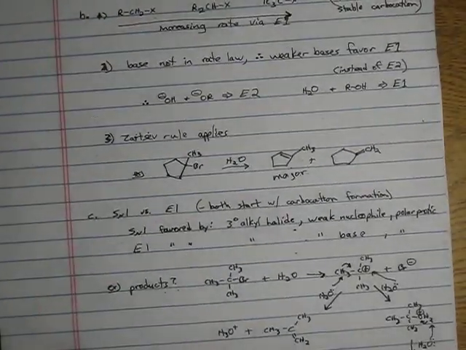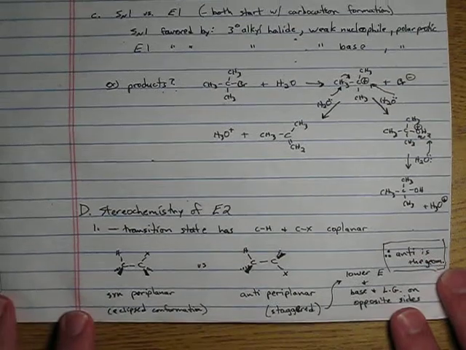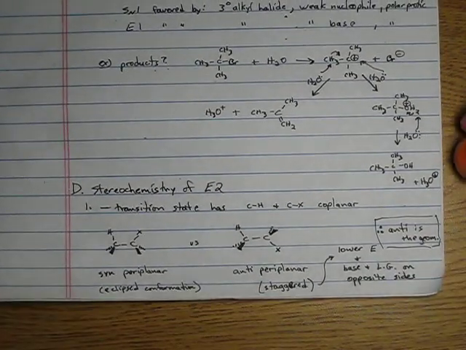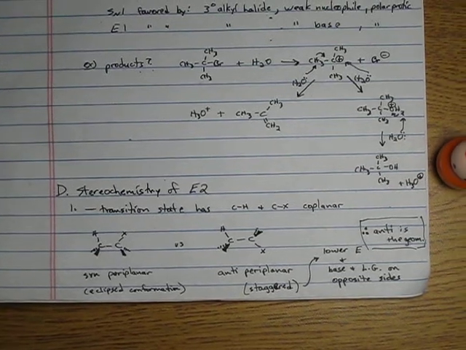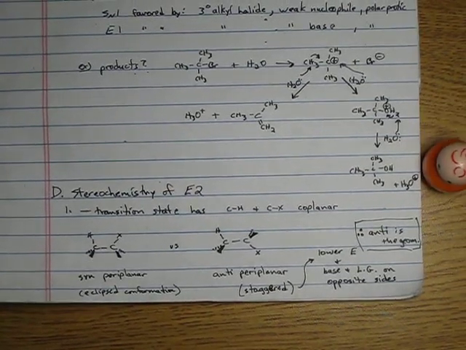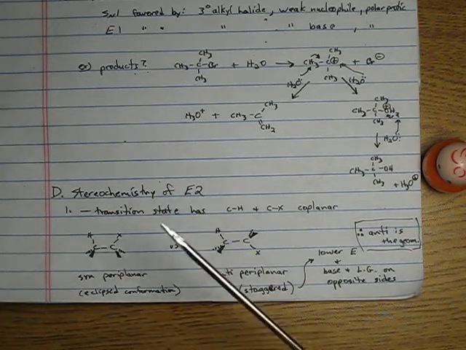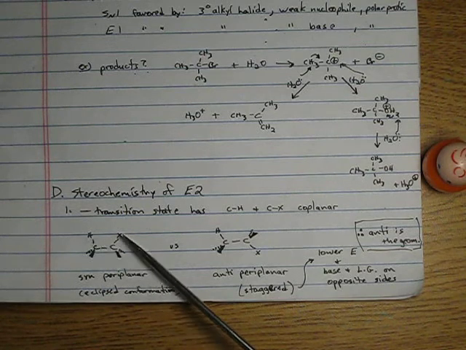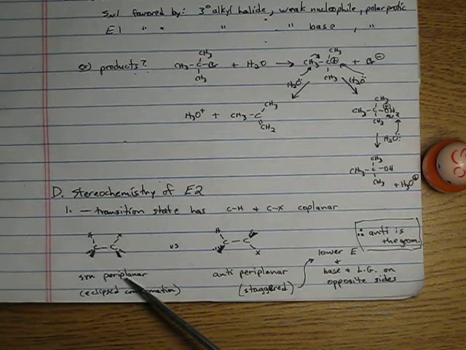If we go back and look at these pages here, all right. If the hydrogen and the leaving group are in the same plane but on the same side, we call that syn-periplanar.